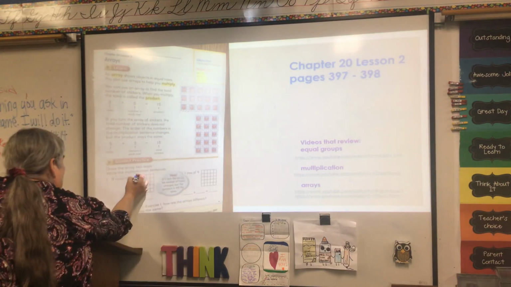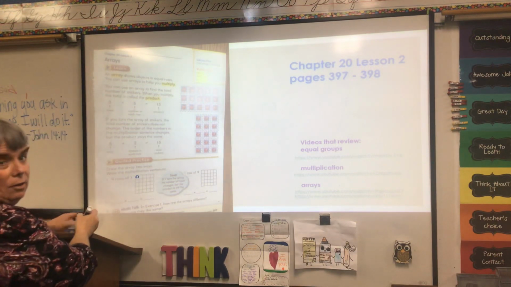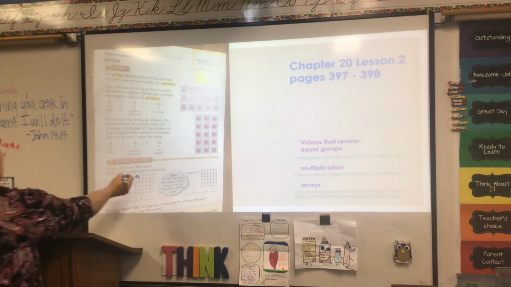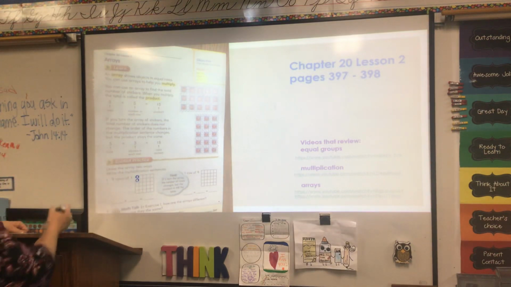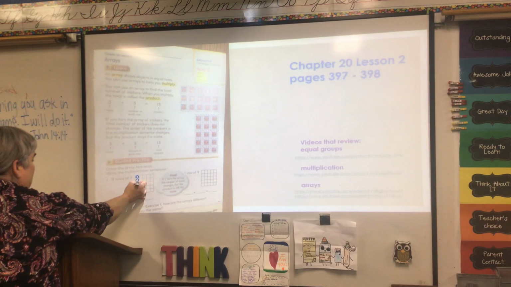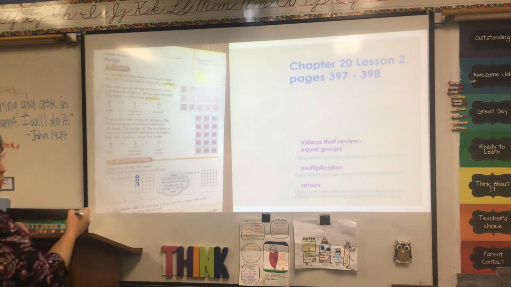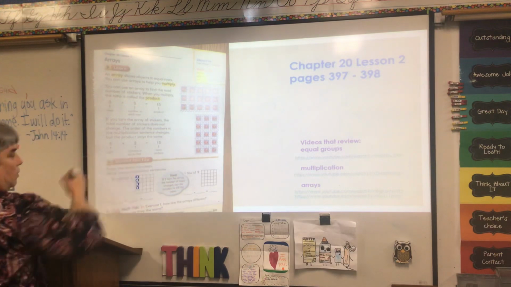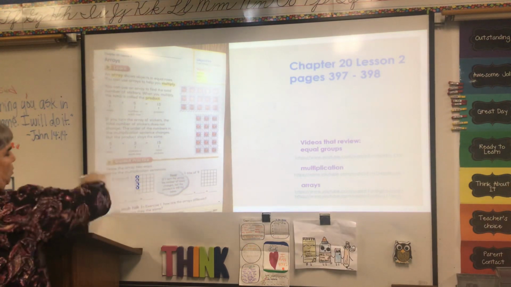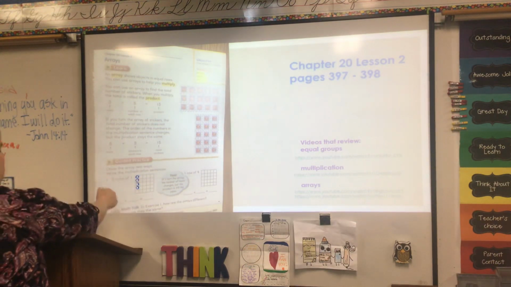So 4 rows. So there's 1 row. Pretend like there's my 1 row. There's my 2nd row. 3rd row. 4th row. So 4 rows that go across of 1.